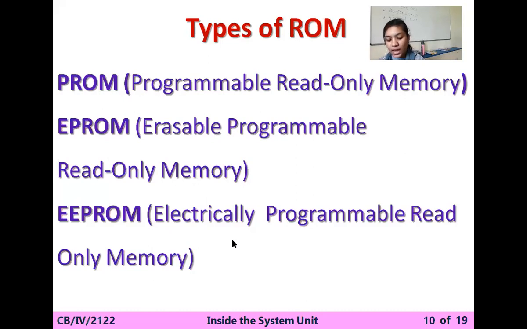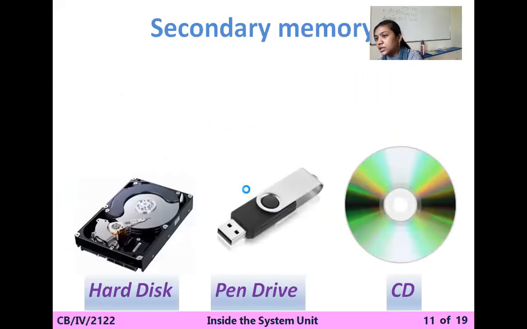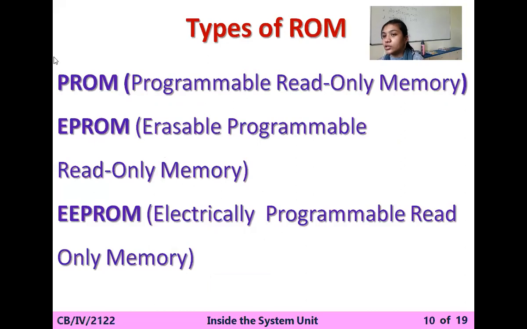EEPROM uses electrical signals to erase data, while EPROM uses ultraviolet rays to erase data. Remember this thing, do not forget it. Types of ROM: PROM, EPROM, EEPROM.